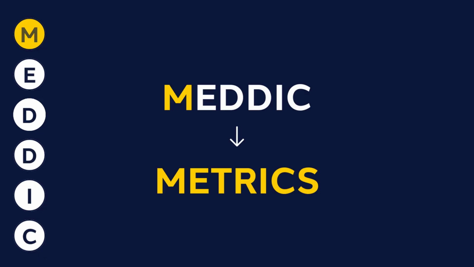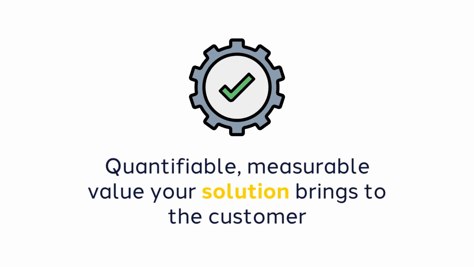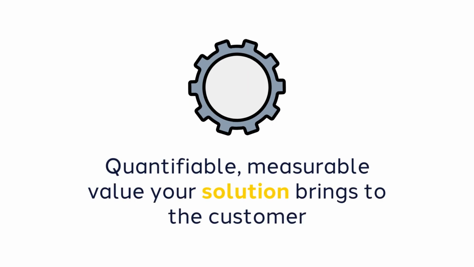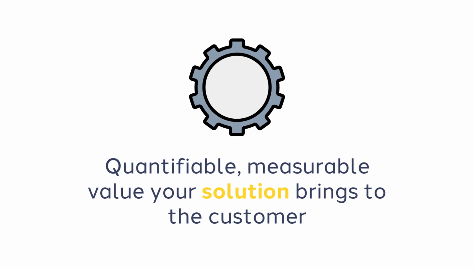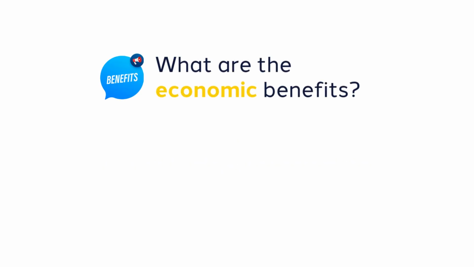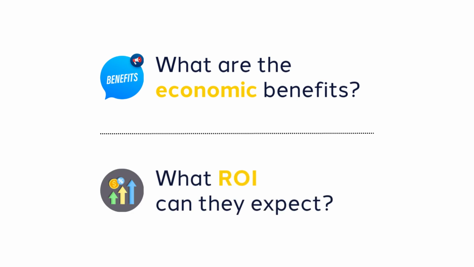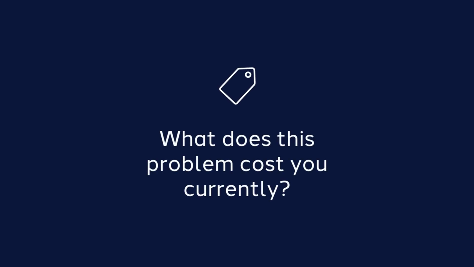Let's start with the M, metrics. This is all about quantifiable, measurable value your solution brings to the customer. You need to understand what are the economic benefits and what ROI can they expect. To do this, ask questions such as, what does this problem cost you currently?